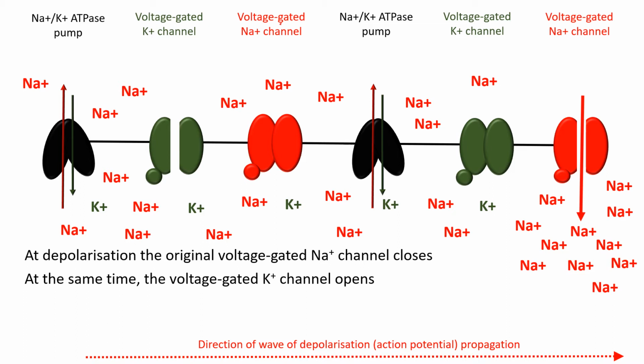Now it's voltage-gated, and it actually got its stimulus from that initial adjacent rise that opened the sodium channel. But potassium channels are a bit slow to open, so they don't open immediately. They delay their opening, and they only open at the same time that the sodium channel is closing, at depolarization, at plus 40. So at plus 40, our voltage-gated sodium channel closes and our voltage-gated potassium channel opens.